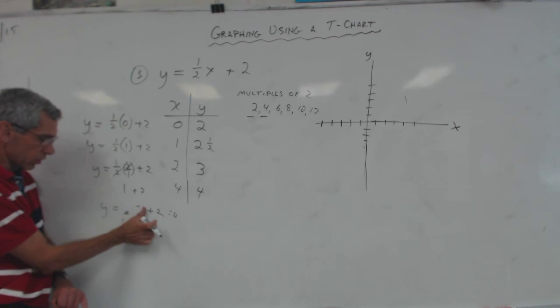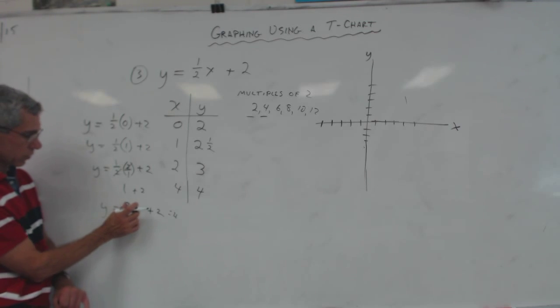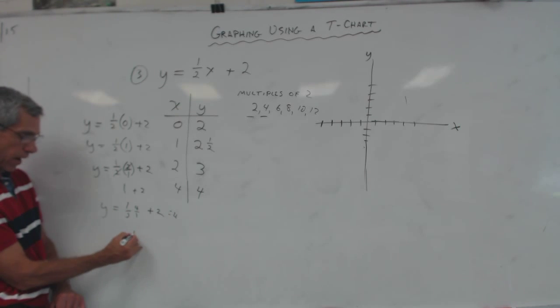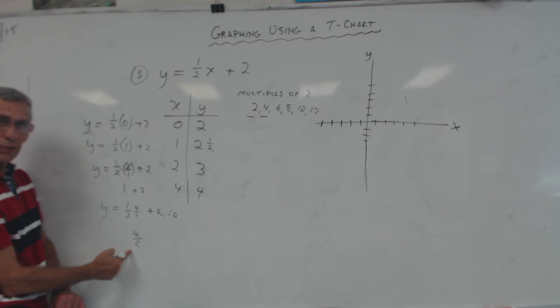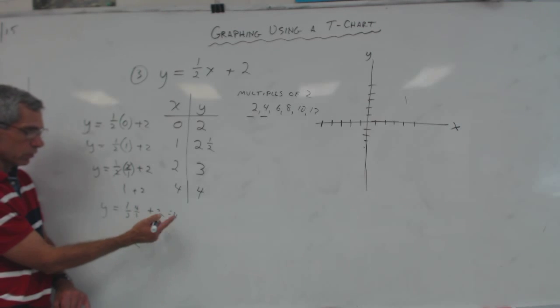But if I didn't, I could just do it like this. I could do 1 over 2 times 4 over 1. That would be 4 halves, right? 4 halves is 4 divided by 2, it's 2. Right? So 2 plus 2 is 4.